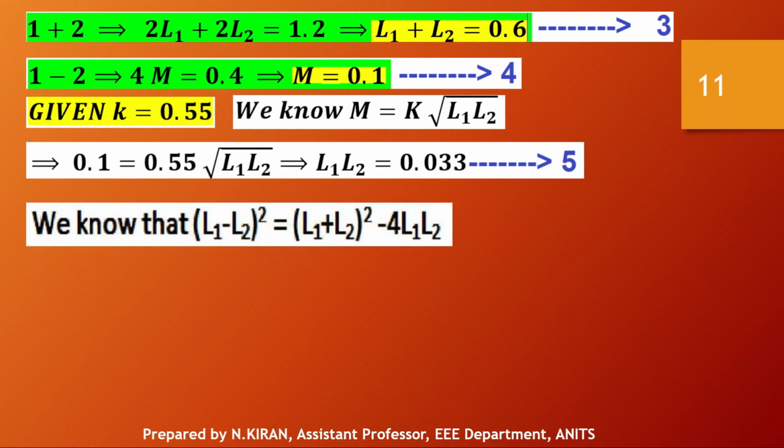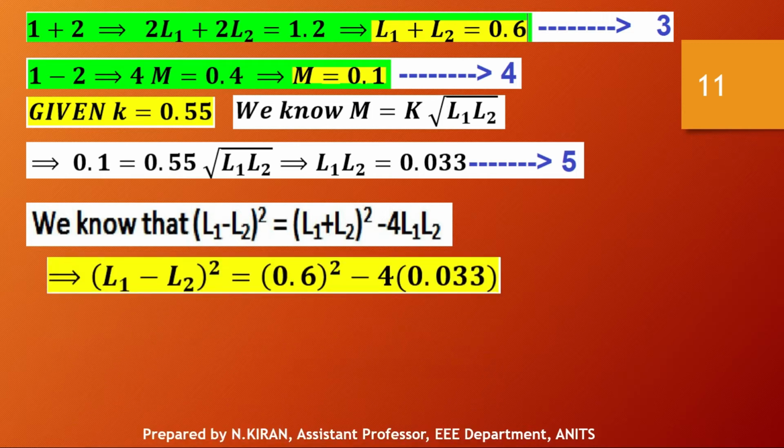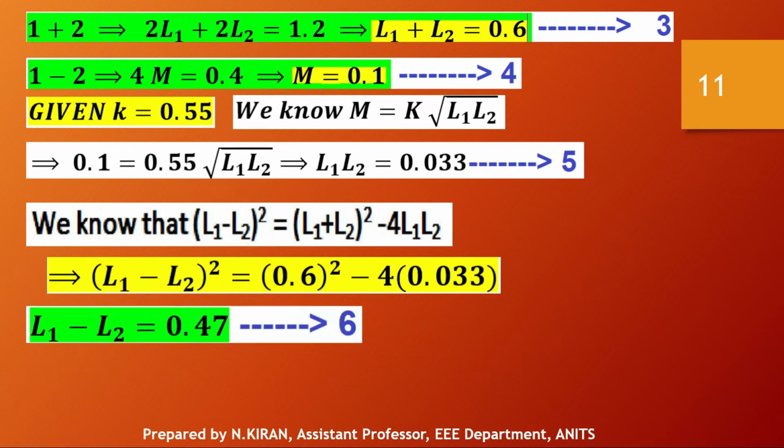So we know the value of L1 + L2 from equation 3. We also know the value of the product L1 L2 to be 0.033 from equation 5. So from the formula, (a - b)² = (a + b)² - 4ab. Applying that formula here, I'll find the value of L1 - L2 to be 0.47, which I considered as sixth equation.